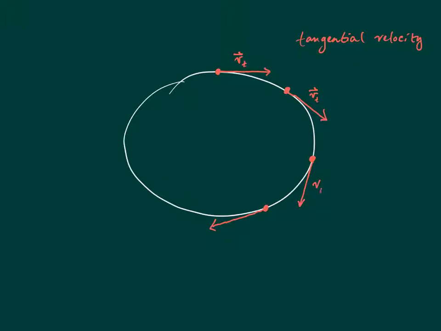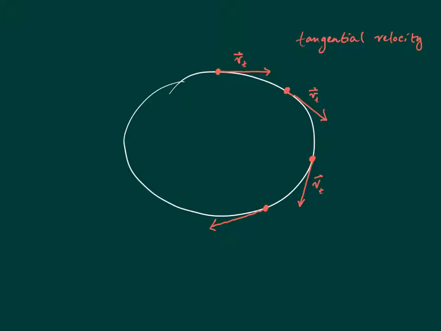Tangential velocity is just the velocity that this object has on a tangent line according to that circle. At any point along here, that velocity vector is changing, but it's always going to be tangent to that circular path.